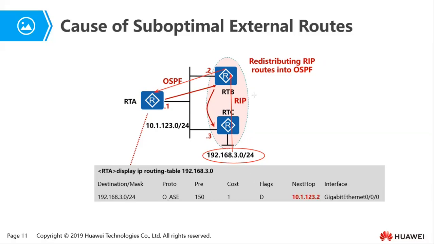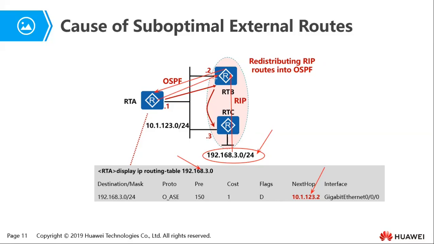Now, as we've already seen in the previous slide, when RTB advertises that type 5 LSA into RTA, RTA will know that if I want to go to this network, then I have to forward it to the ASBR. Actually, in RTA, if you do display IP routing table and that network address, you can see that the next hop is the interface on RTB.